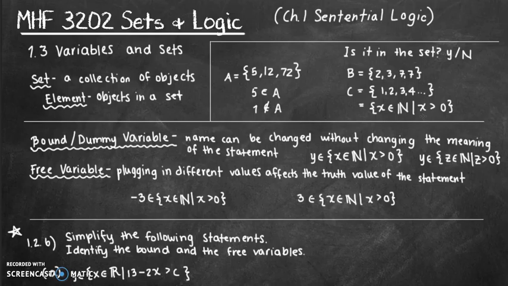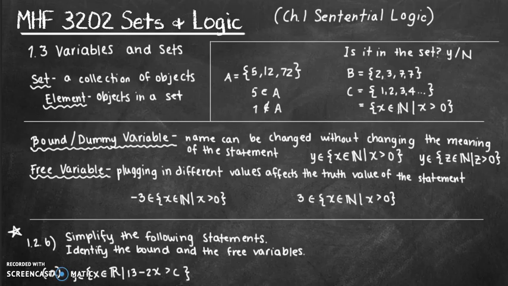If yes to both questions, then that x is an element of this set C. So in general, what you have on the left side of the bar is the sort of numbers or things that you have in consideration. And then on the right side of the bar, you're going to have the rule that defines which ones from that group you are going to pick out to be in this set.